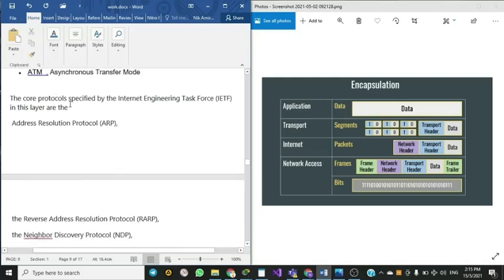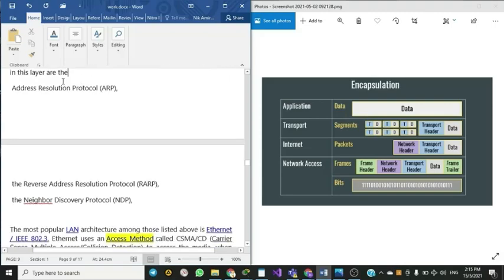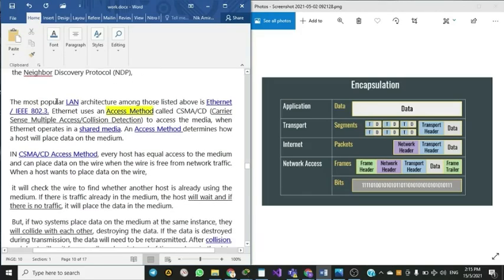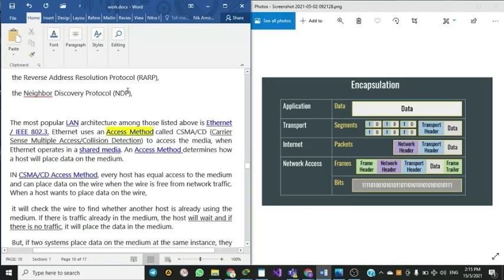The core protocols specified by the Internet Engineering Task Force (IETF) in this layer are Address Resolution Protocol (ARP), Reverse Address Resolution Protocol (RARP), and the Neighbor Discovery Protocol (NDP). However, the most popular architecture among those listed above is Ethernet, or IEEE 802.3.